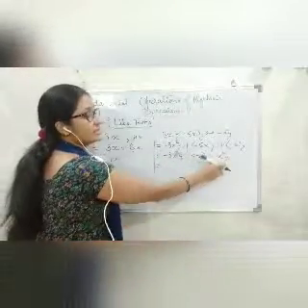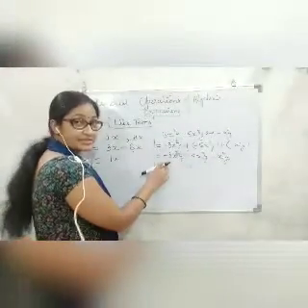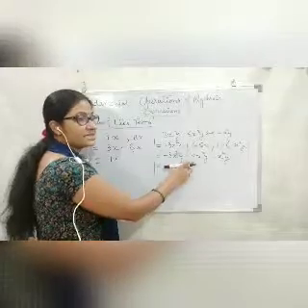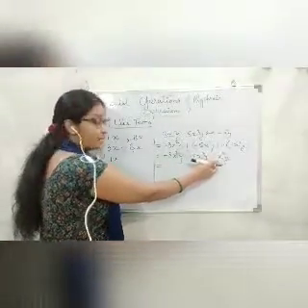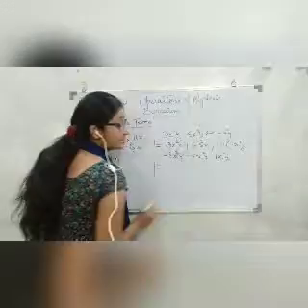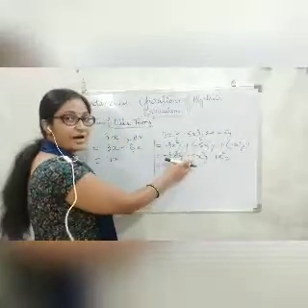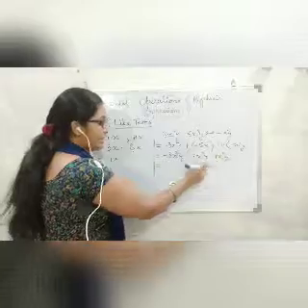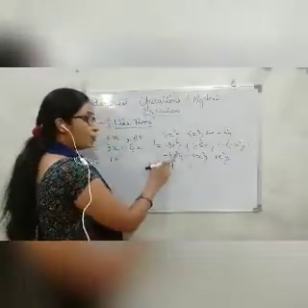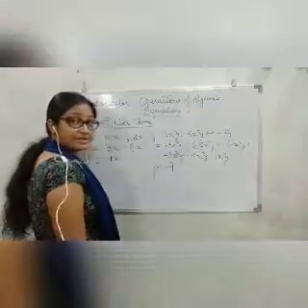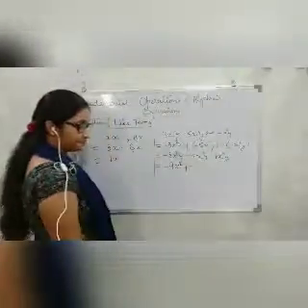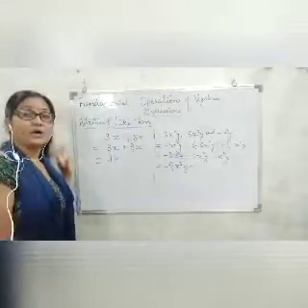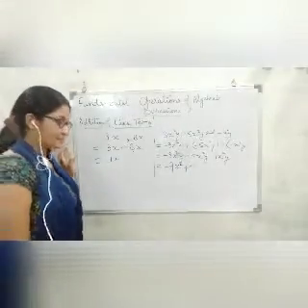So all these three are going to be added. Here this is 3, this is 5. 3 plus 5, 8. And here we don't have anything, that means 1. If nothing is given, it means it is 1. So 8 and 1, 9. All are negative, so I will put a minus sign over here, and the variable x square y. This is how you are going to add this.